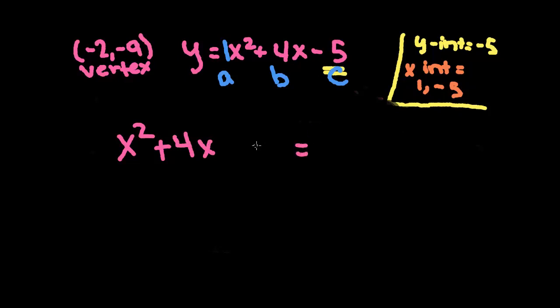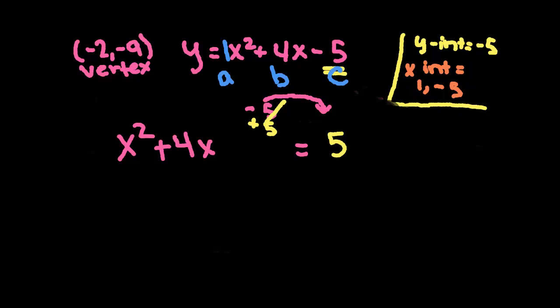It was a minus 5. So to bring it to the other side of the equal sign, we would have to do its inverse operation, which is plus 5. What I do to one side of the equation, I do to the other. So I have x squared plus 4x, now with a little space here, equals 5.